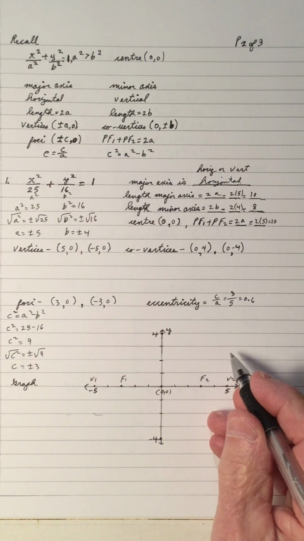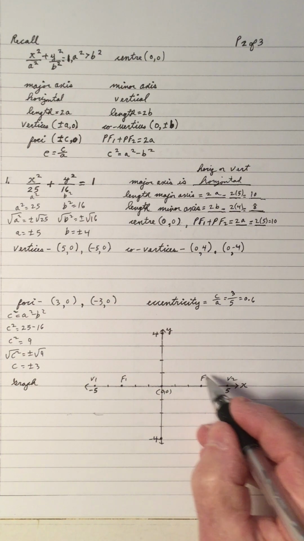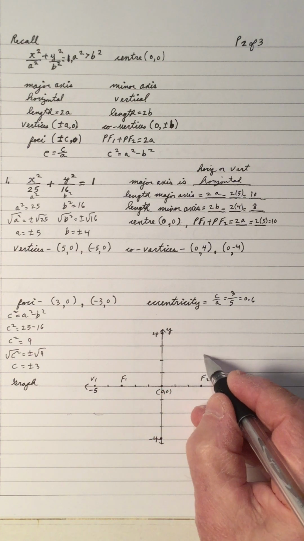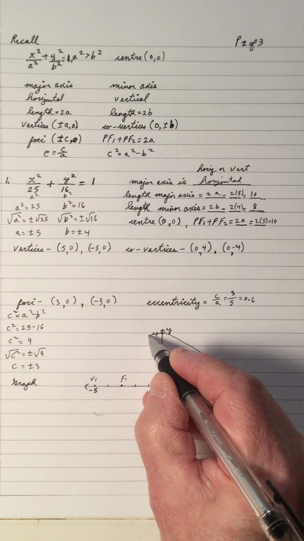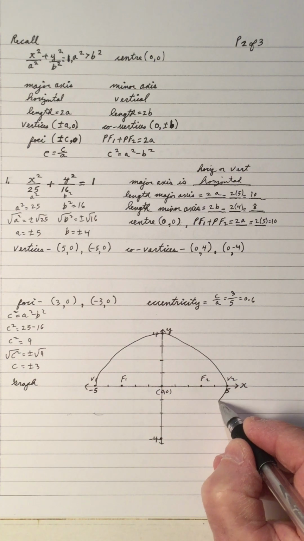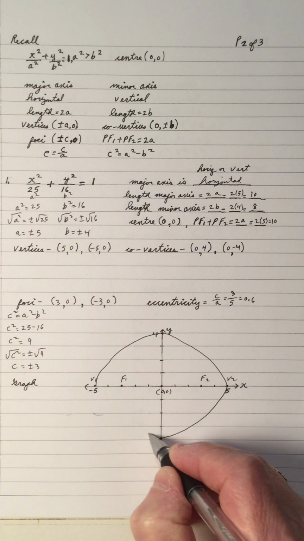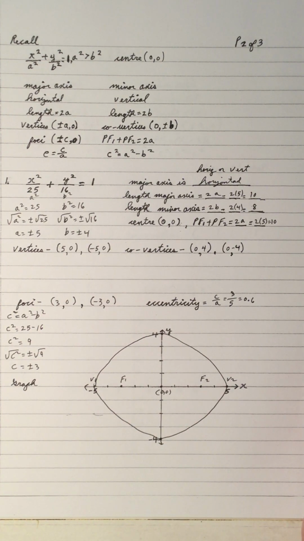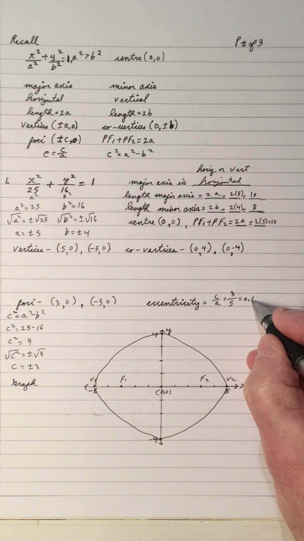And we draw the ellipse. So the ellipse goes through, there it goes. Just drawing a rough sketch. There's the ellipse. Notice the eccentricity is 0.6.